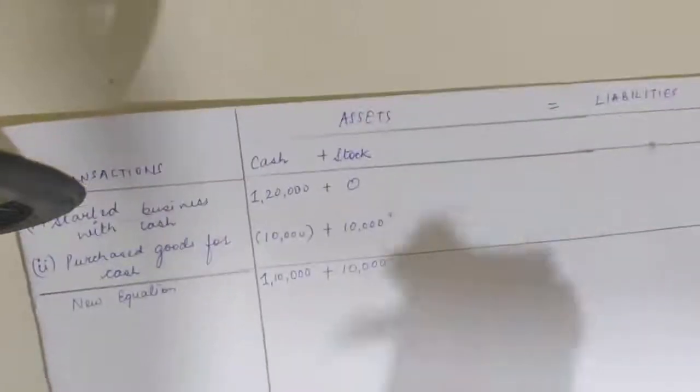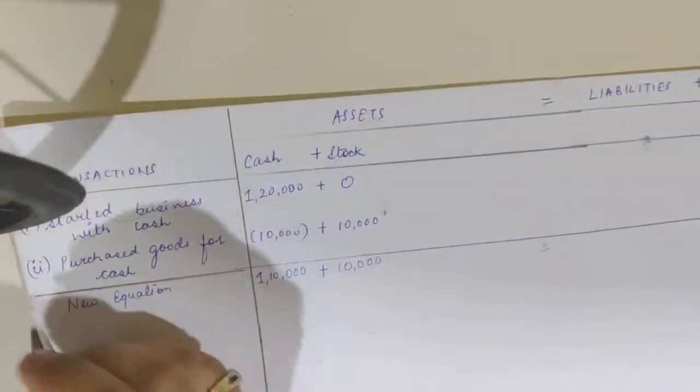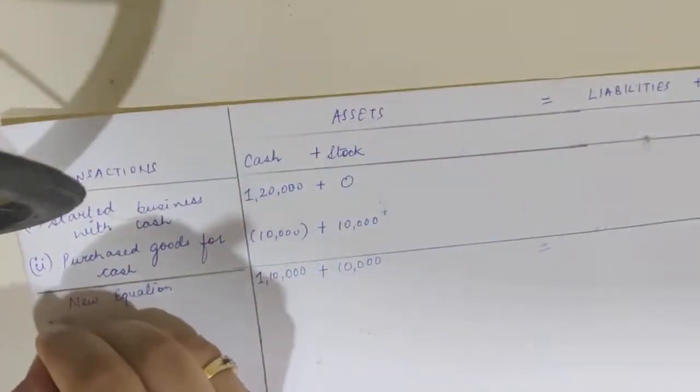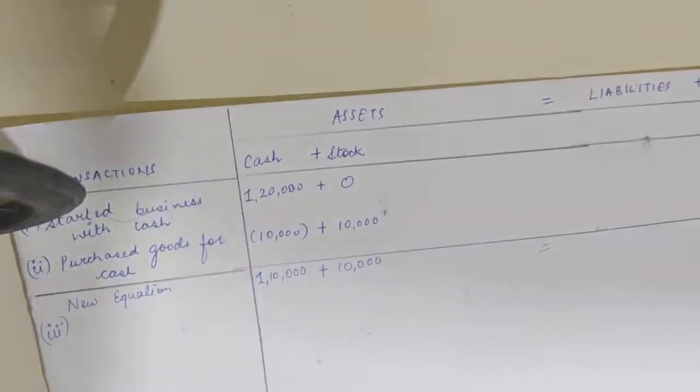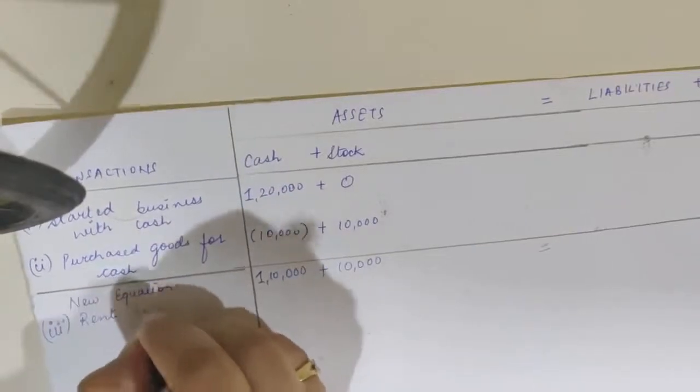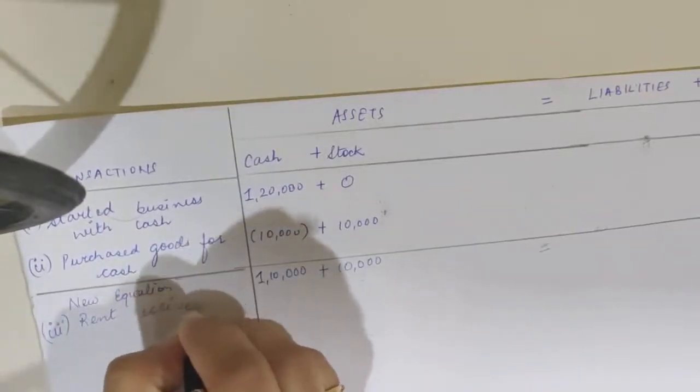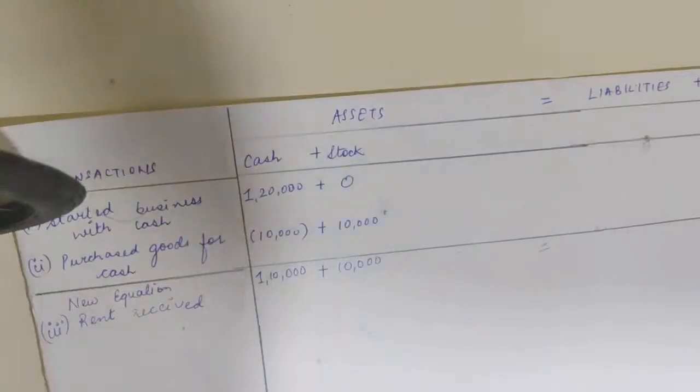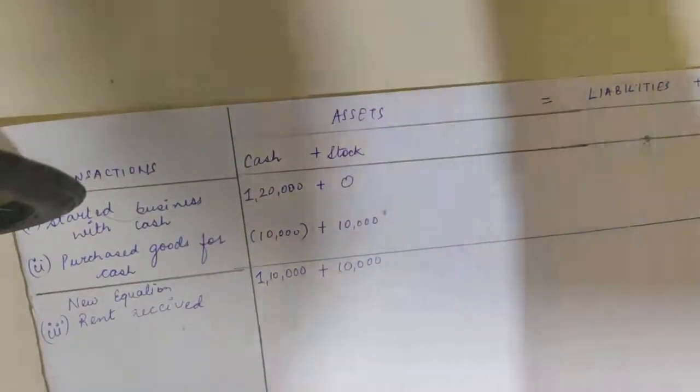Moving on to transaction number 3, which says rent received rupees 5,000. Students, you are receiving the rent over here. And as we discussed, any kind of expense or any kind of revenue will be affected.